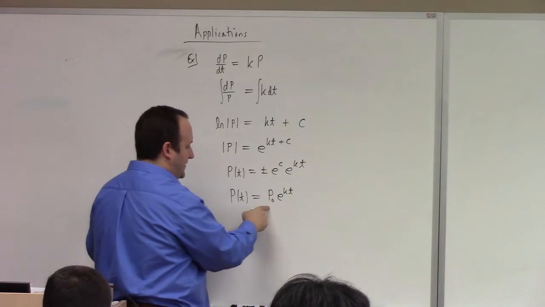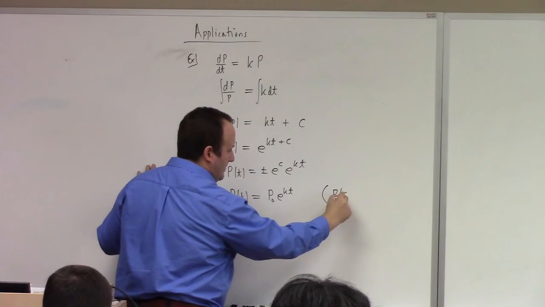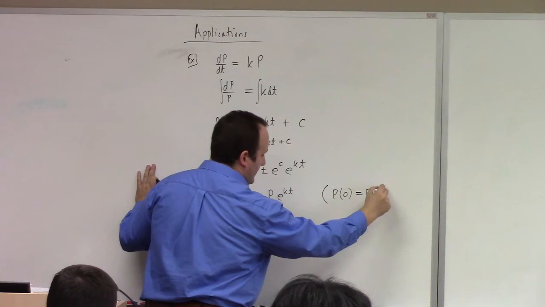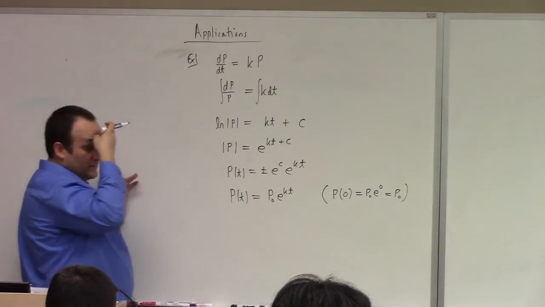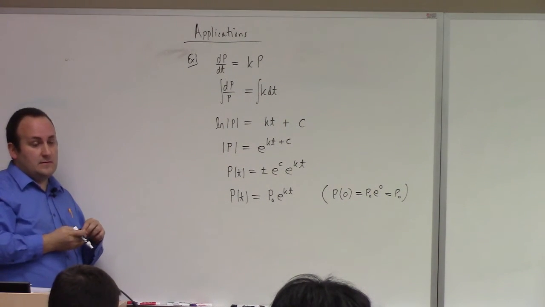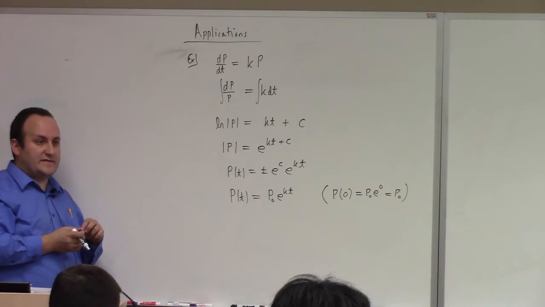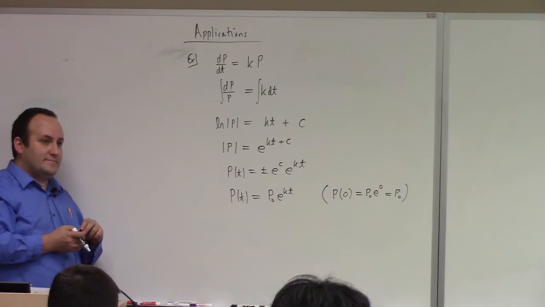That's a pretty good label for it, right? Because if you plug in time 0, the exponential goes to 1. So labeling that constant p naught for initial population is a pretty decent label. So there you go. Exponential growth.